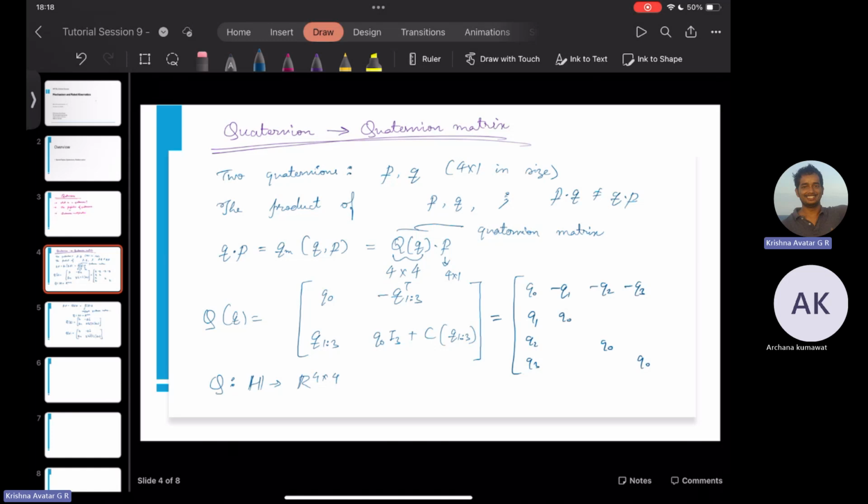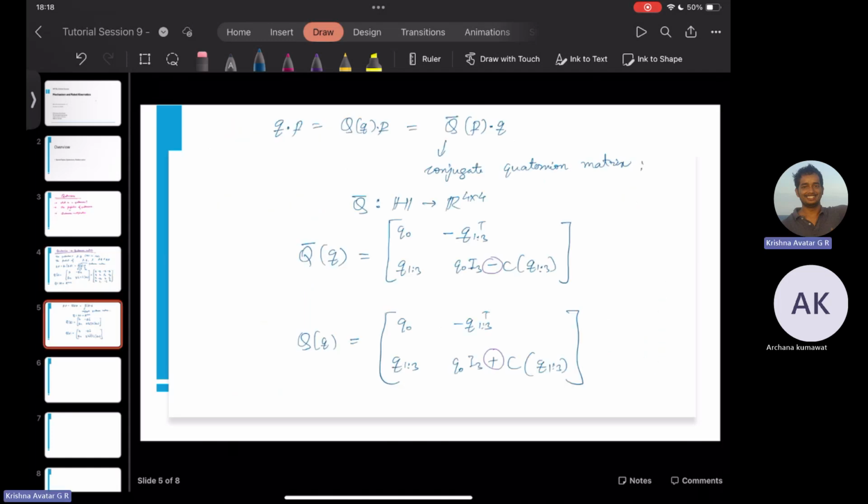So its corresponding skew symmetric matrix would be given by 0, minus Q3, Q2, then Q3, 0, minus Q1, then minus Q2, Q1, 0. So this is what it is, right?